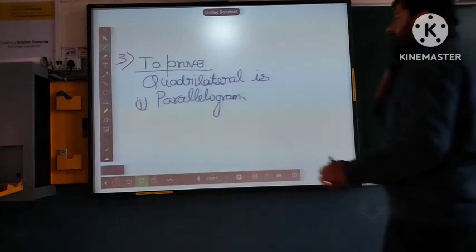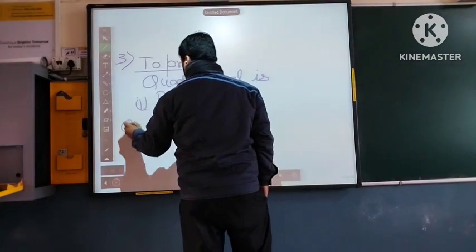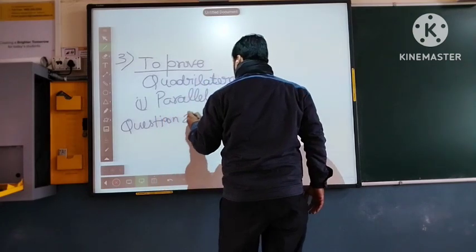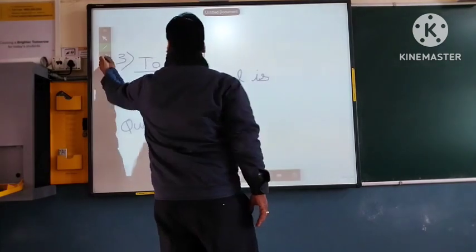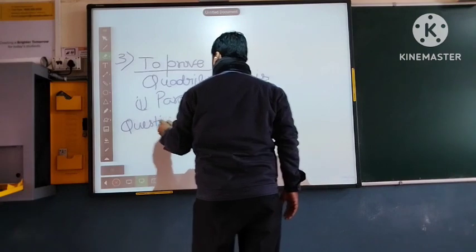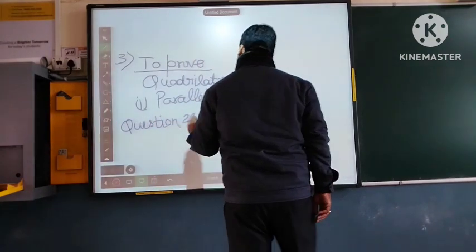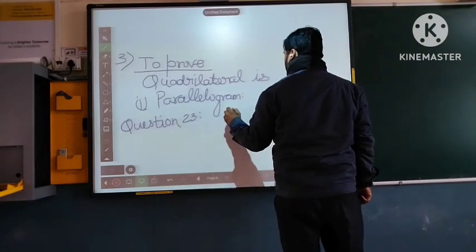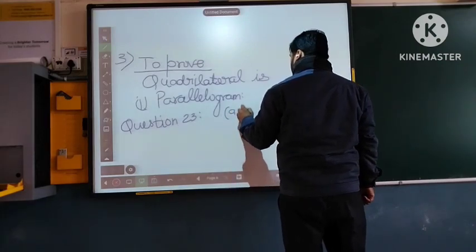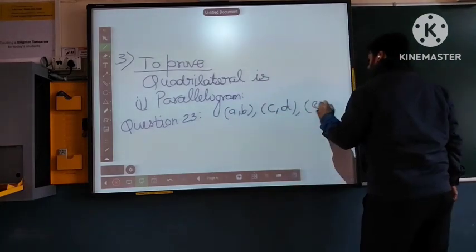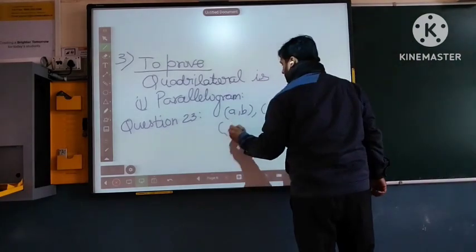Now if you have to prove that the given quadrilateral is a parallelogram, what do we have to prove? You must have seen in exercise 19.4, question 23 is given. The same thing they are asking. Four coordinates are given, and they ask which type of quadrilateral it is.